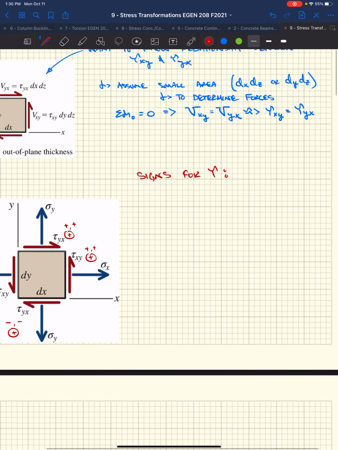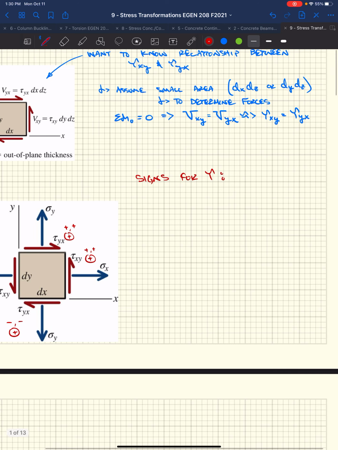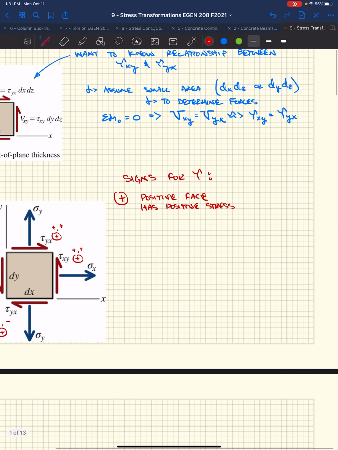So now we get to write all that out. A positive face has positive stress. A positive plus a positive is a positive.